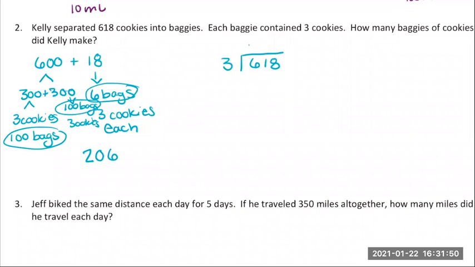Okay, 3 divided by 6 is 2. We're going to bring down our 1. Our 1 is less than 3, so we're going to have a 0 up here. We were 18, we're going to bring down. So, ooh, look, just like we did. We had our 600, we broke our 618.